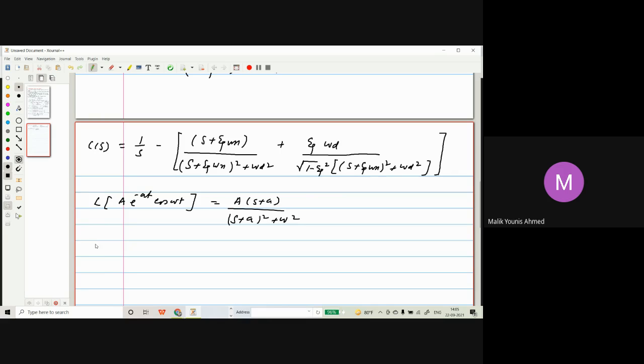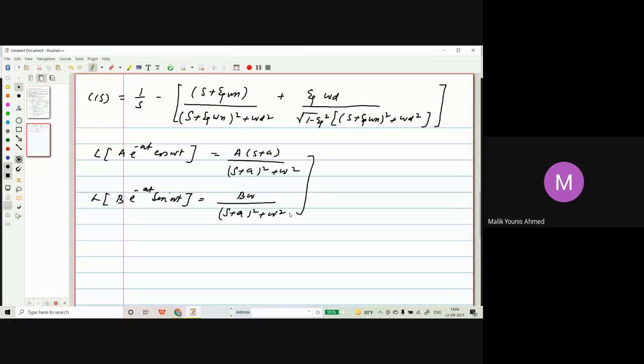And on similar grounds, we had Laplace of b e raised to power minus at sine of omega t, I can write this as b omega divided by the same thing. So I'll try to get it in this form. This is my objective. That's what I showed you last time also, with one example.